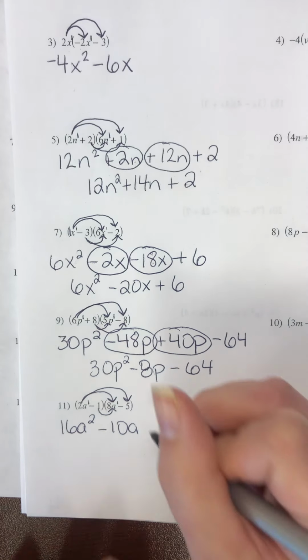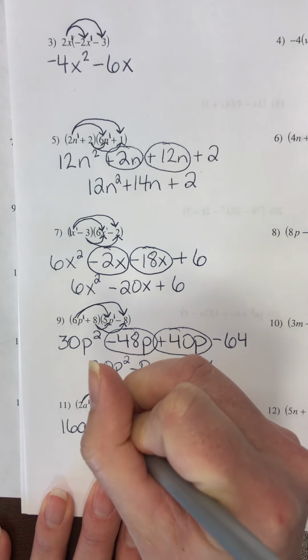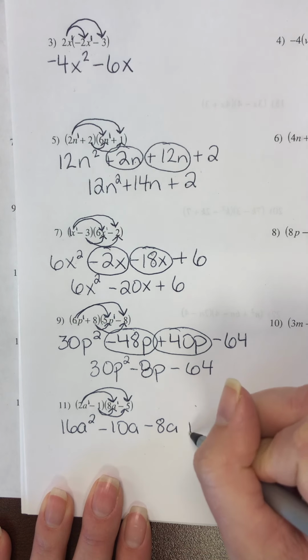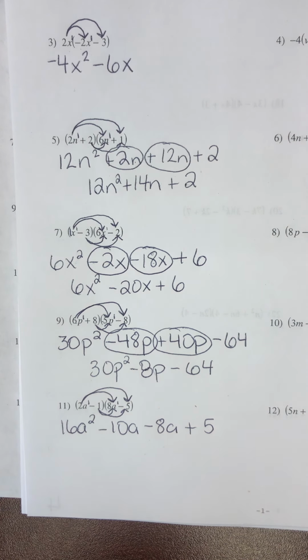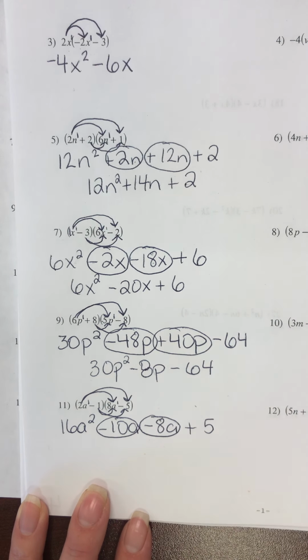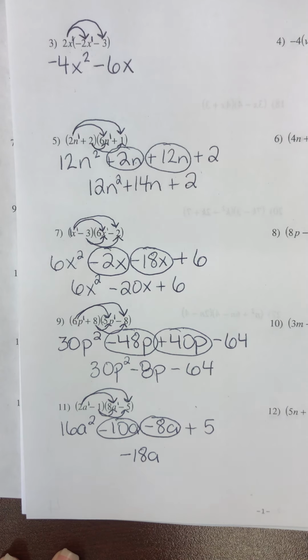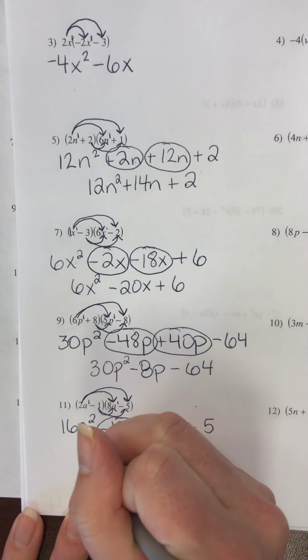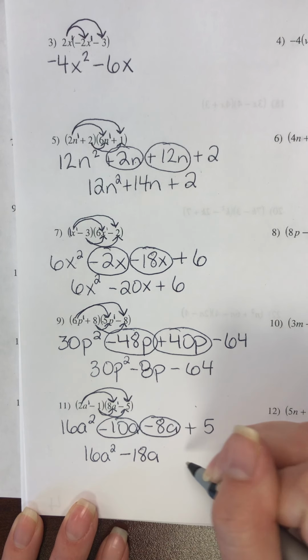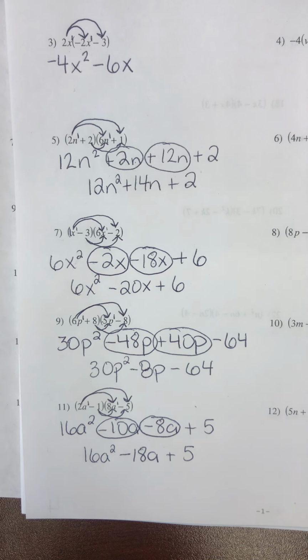So -1 times 8a will give me a -8a. I also need to do -1 times -5, which will give me a +5. I'm then going to combine my like terms. So -10a minus 8a will give me a -18a. And I'm going to carry down the 16a squared and the +5. So I have another trinomial as my answer.